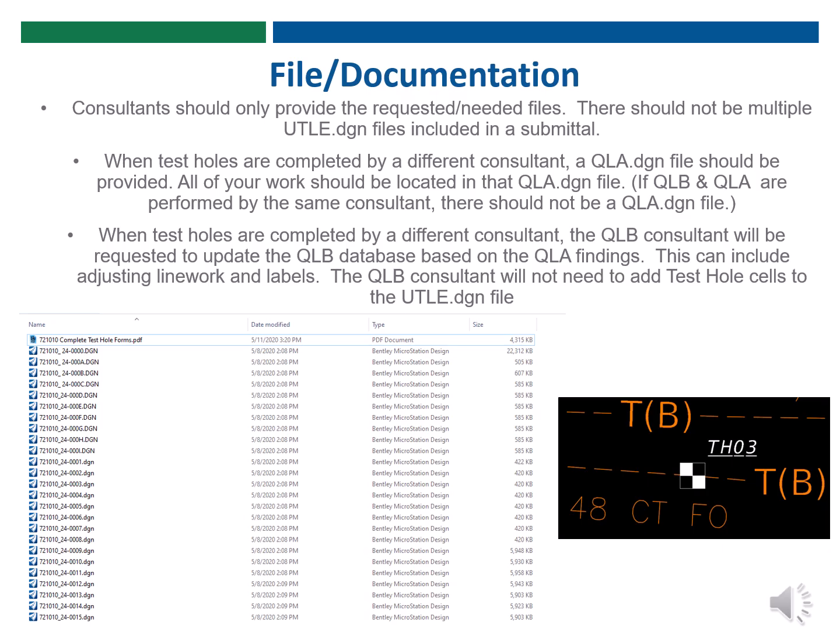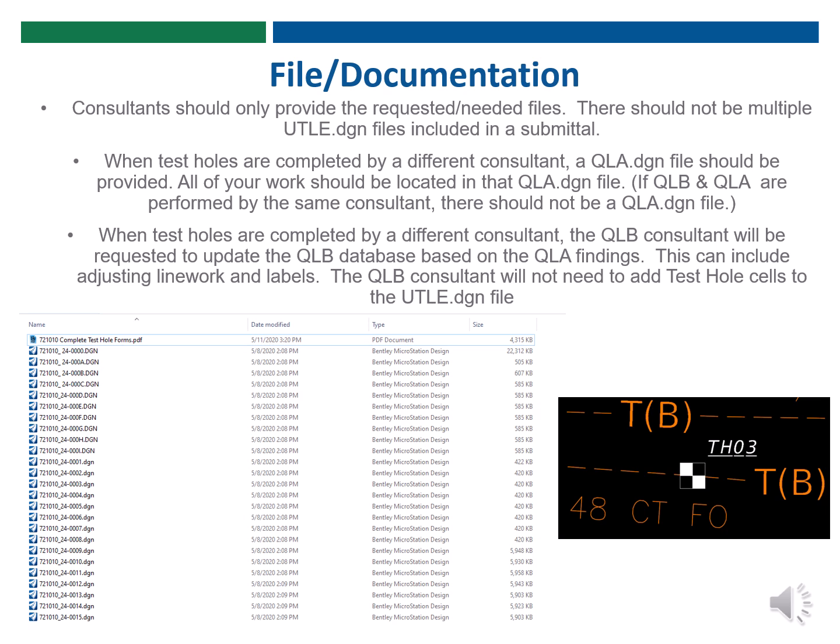When test holes are completed by the same consultant who did the QLB investigation, there should not be a QLA DGN included in a submission. When test holes are completed by a different consultant from who did the QLB, the QLB consultant will be requested to update the database based on the QLA findings.